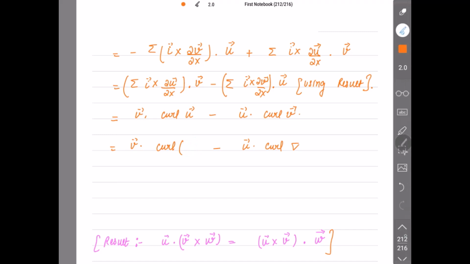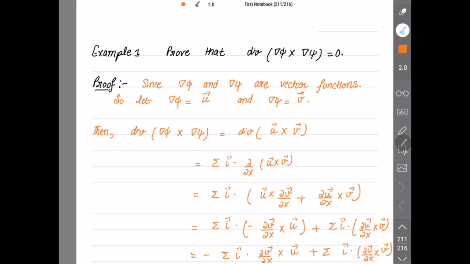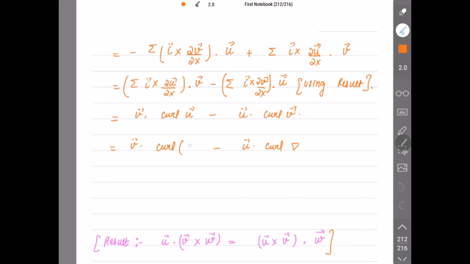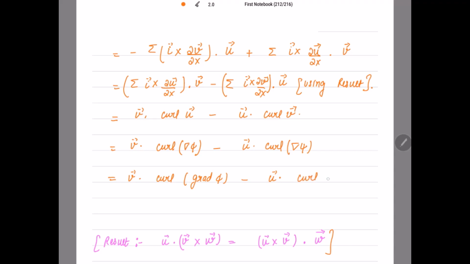Let's check. u I have taken as del phi and v vector I have taken as del xi. So for u vector I am writing del phi, and for v vector del xi. So this is equal to v vector dot curl of grad phi minus u vector dot curl of grad xi, marking it as 1.